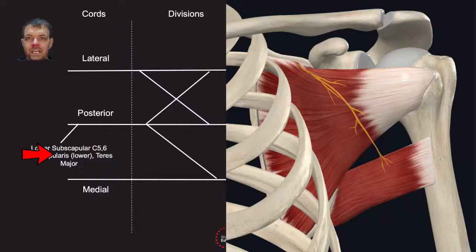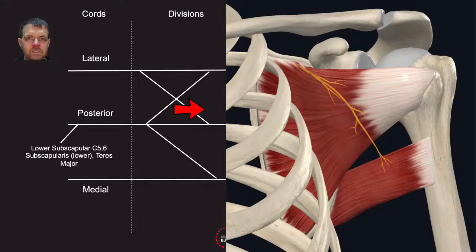So it innervates the lower part of subscapularis, so this muscle just here. So the previous one, the upper subscapular, was just the top bit. This lower nerve supplies just the lower bit of that muscle. And then a branch of this lower nerve also drifts down to teres major, down here. So this image that we've got here is actually two nerves looking like one. So we've got the upper subscapular and lower subscapular on the same image just there.